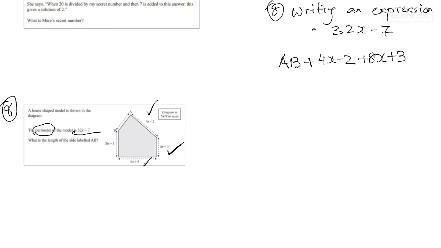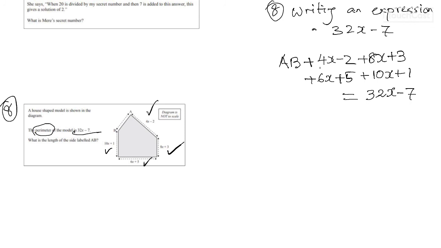Then have I considered 6x plus 5? And then finally 10x plus 1. Okay, that should get you. The total parameter of the model is 32x minus 7. Looks a big expression, but it's not going to be that hard.